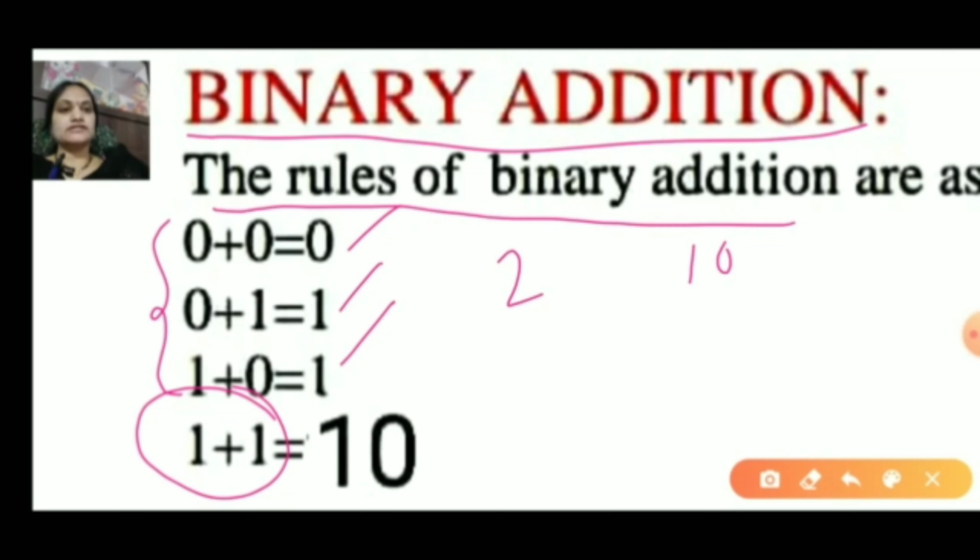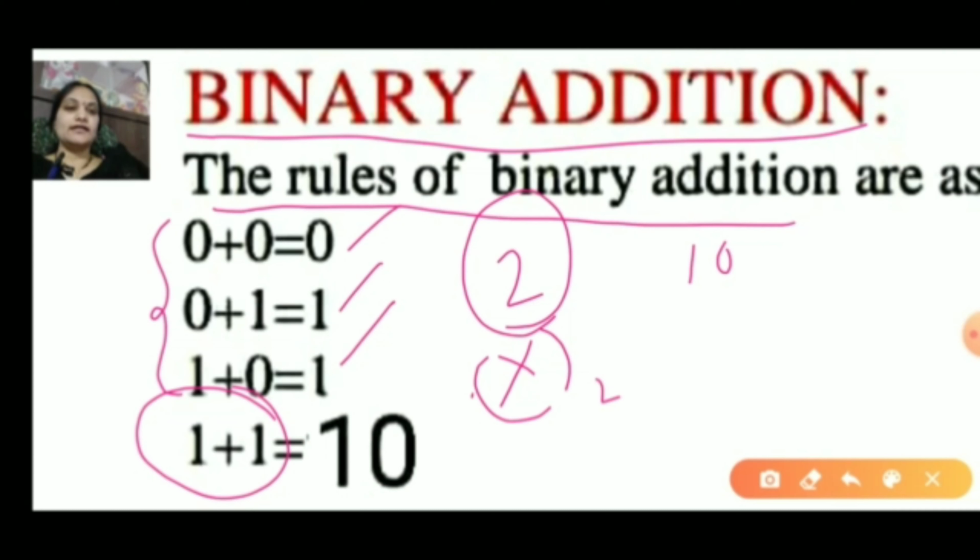Why? Because the digit 2 is not present in the binary number system. I have already explained you in the last class about the binary number system. In this system, what are the digits are present?